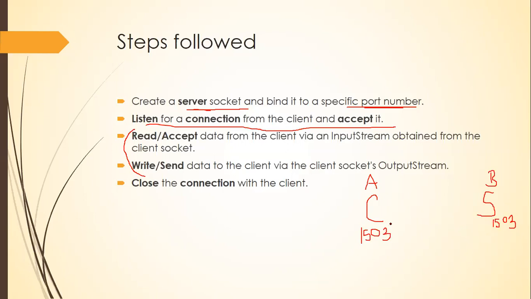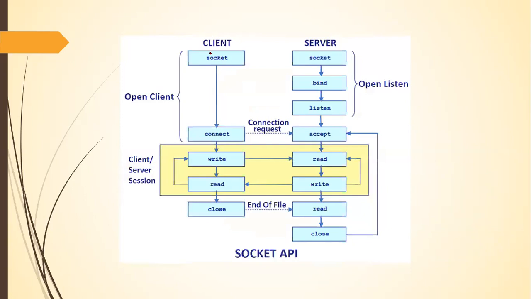So the client gives a request through port number 1503. Your server is already ready to receive a request from 1503. So what happens? The connection is made. Once the connection is made and the server accepts it, you go on transmitting your data.